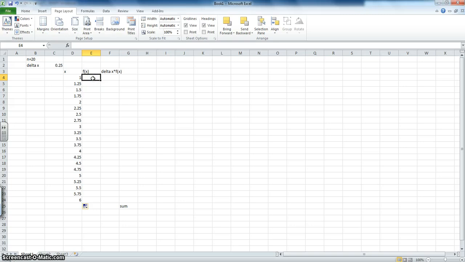Alright, now remember that I need to know the width of the subinterval, which is our delta x, and I need to know the function value at the left endpoint of that interval, because that's my height.